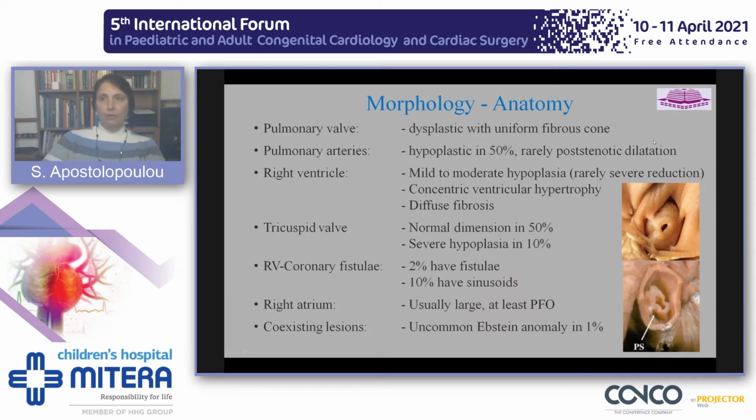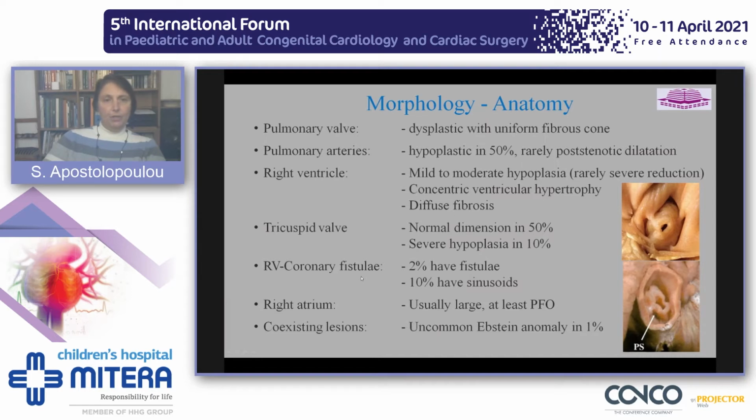The right ventricle can have mild to moderate hypoplasia, rarely severely reduced. It's hypertrophied and has diffuse fibrosis. And the tricuspid valve can be normal in dimension in 50%. A lot of times in between, there's moderate hypoplasia and severe hypoplasia in 10%.